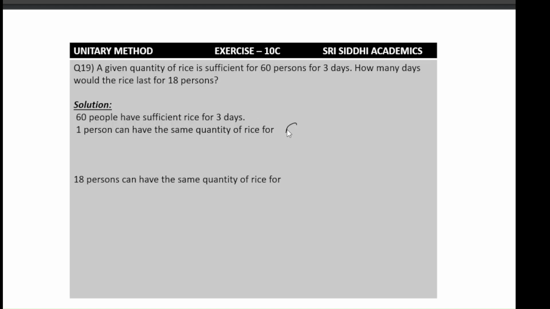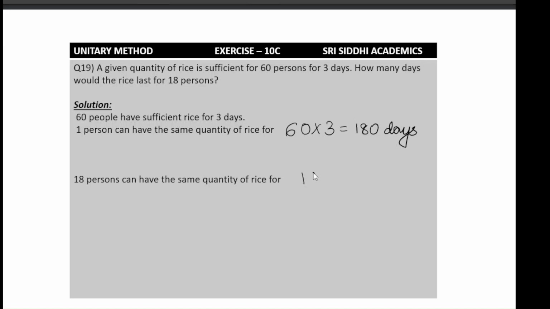So here we need to multiply 60 into 3. So 180 days. For 180 days, the rice will be sufficient for one person. Now 18 people have the same quantity of rice. Definitely 18 people will consume a lot more than one person.